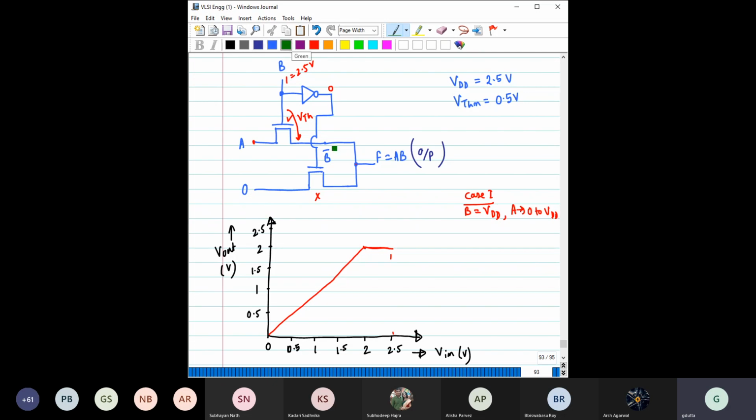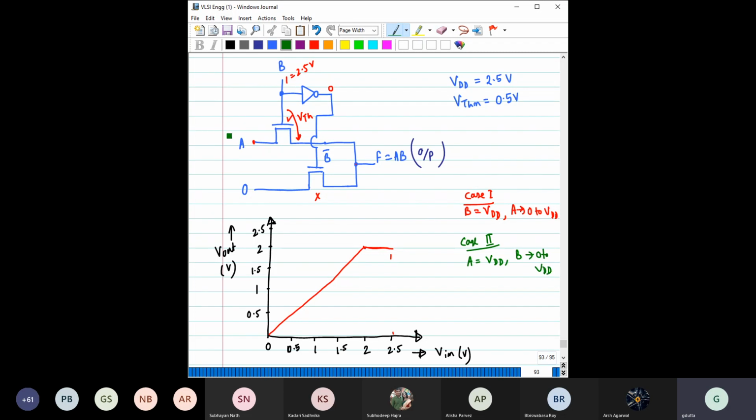Okay, now let us say case 2. In case 2, assume that A is fixed to VDD, capital V DD, and B is changing from 0 to VDD.